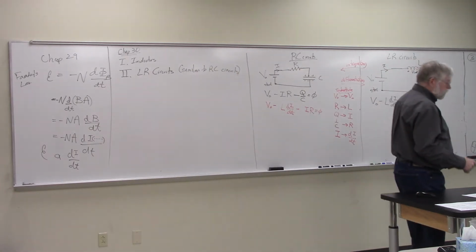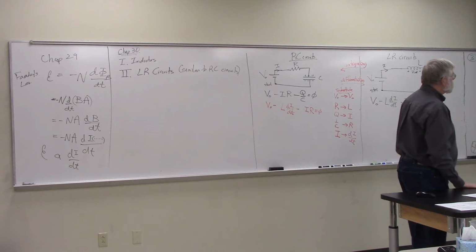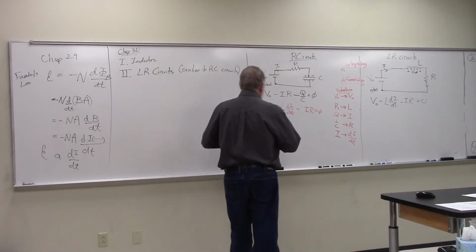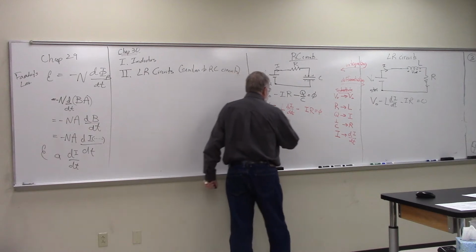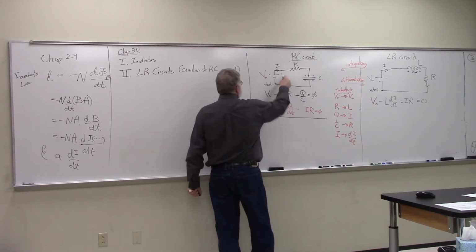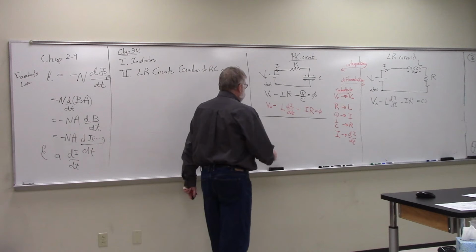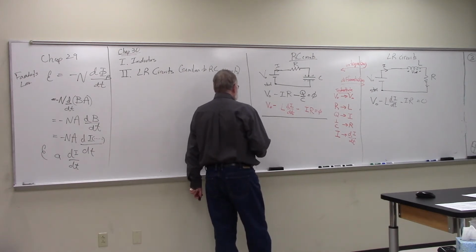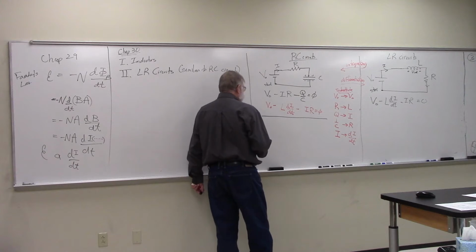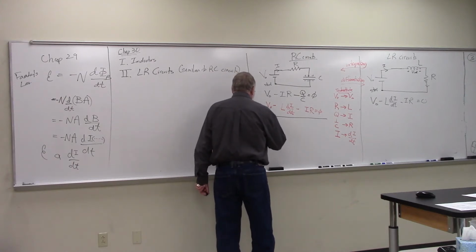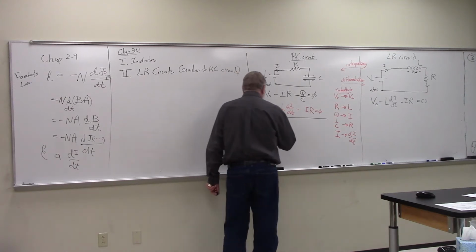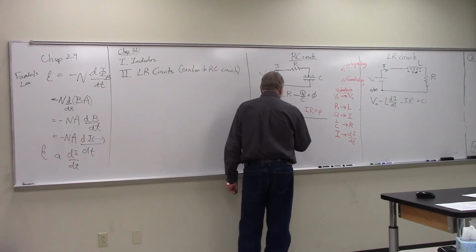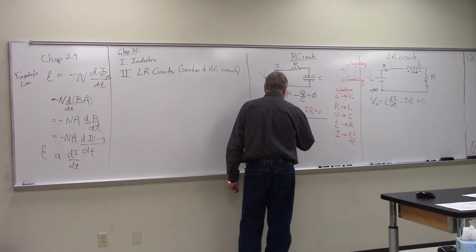Well, with that then, I'm going on to slide 15 now. With that, I'm just going to remind you that the answer to our RC circuit, when we solved that back in an earlier chapter, chapter 26, we found that Q was equal to C V0 times 1 minus e to the minus t over RC.